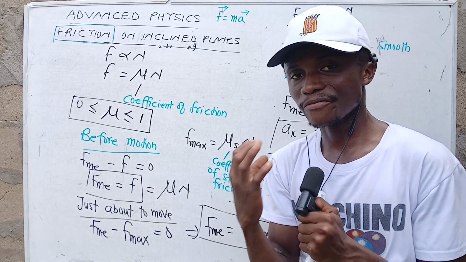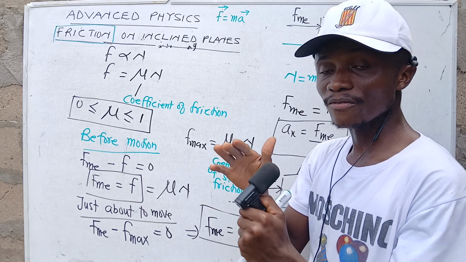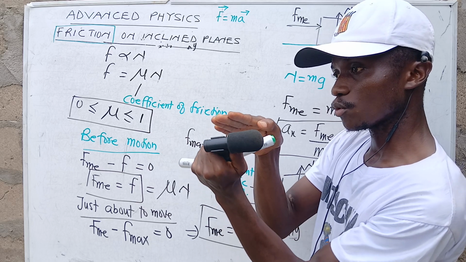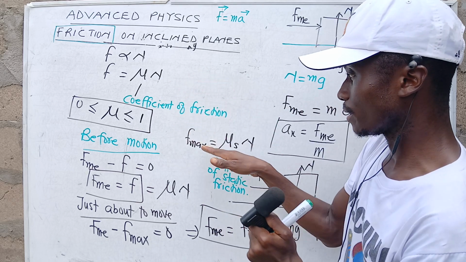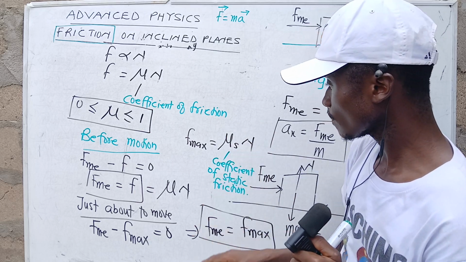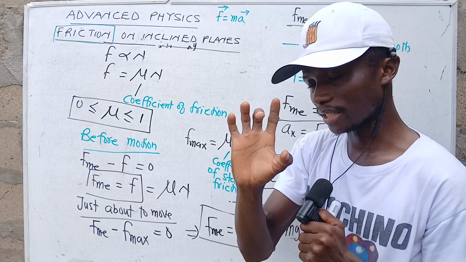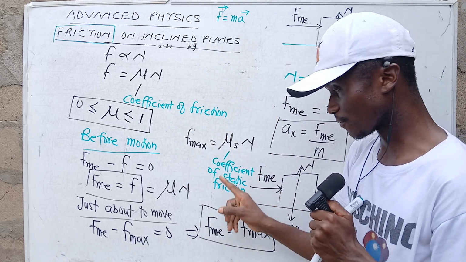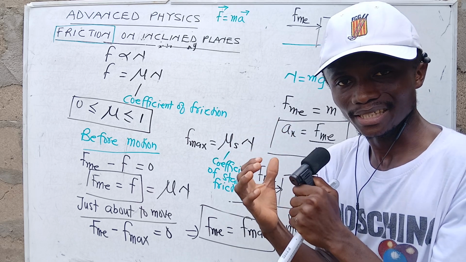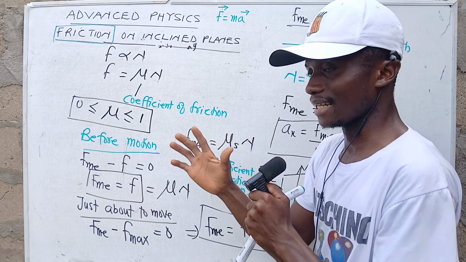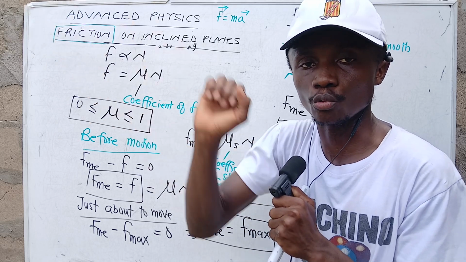So static friction is an opposing force between two objects in contact where the object has not moved. And at the maximum friction, mu s stands for the maximum percentage that friction can exert as an opposition force on you.